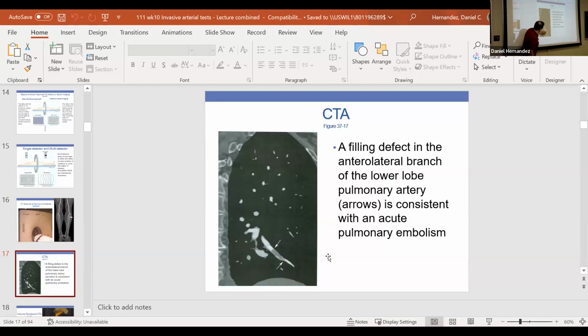And then we get a segment where we don't see any contrast, or maybe a little bit of contrast getting around that, and then it fills up with contrast again. So this is referred to as a filling defect, and that segment of vessel is non-opacified. It didn't fill up with contrast. And that's how they're able to read these exams, to determine where there's blockages, where there's stenosis, if anything's occluding the blood flow.